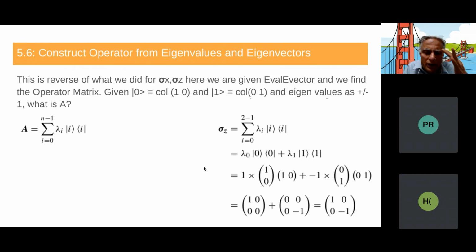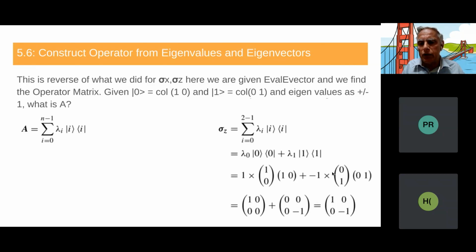We'll work on that, but essentially these are matrix computations, and we have to make sure that we get the value 1 0 0 minus 1. I'm not getting into integration here at this time because sometimes it confuses the whole class. When we have the session on the computation, we'll do that. But essentially, this is turning out to be 1 0 0 0 plus 0 0 0 minus 1.